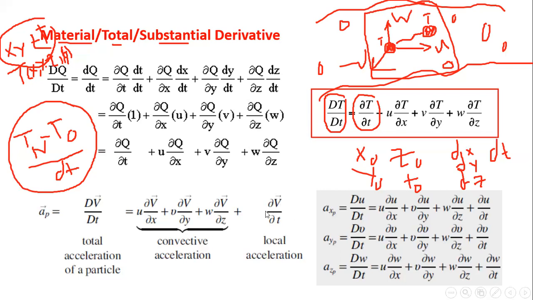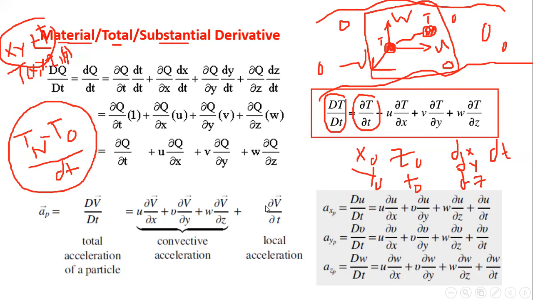So you have partial v partial t plus the changes in the velocity with respect to the space coordinates multiplied by the respective velocity component to account for the effect of velocity change from location to location. And we multiply by the velocity to ensure the dimensional homogeneity of the equation.